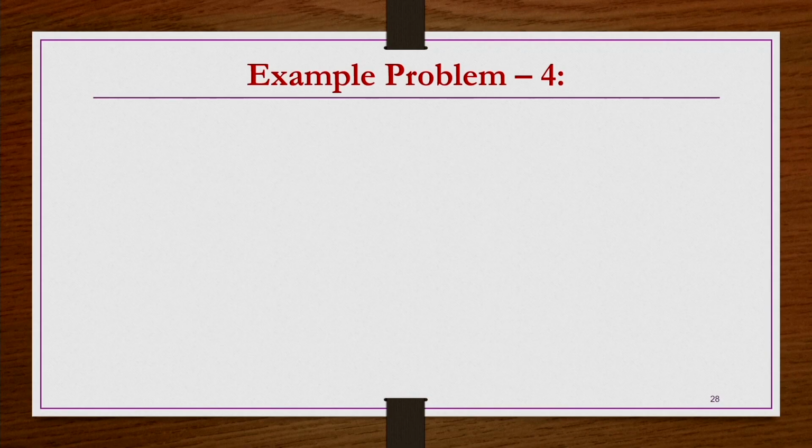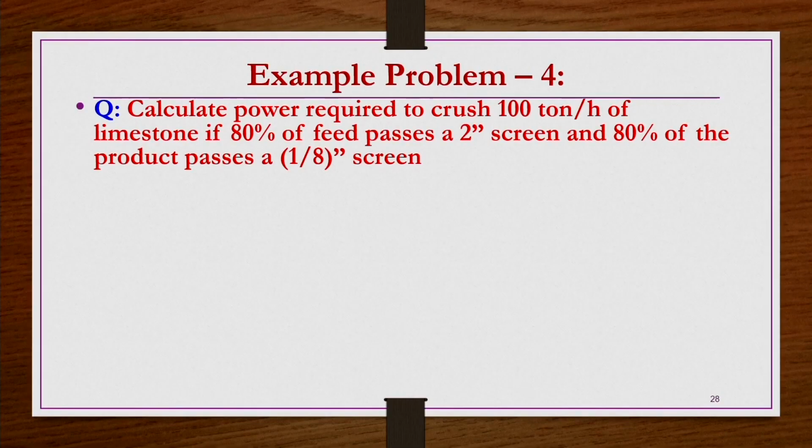Now we take an example problem so that we can understand how to apply Bond's law for the power requirement for a given size reduction operation. Calculate the power required to crush 100 tons per hour of limestone if 80% of the feed passes a 2-inch screen and 80% of the product passes a 1/8 inch screen.